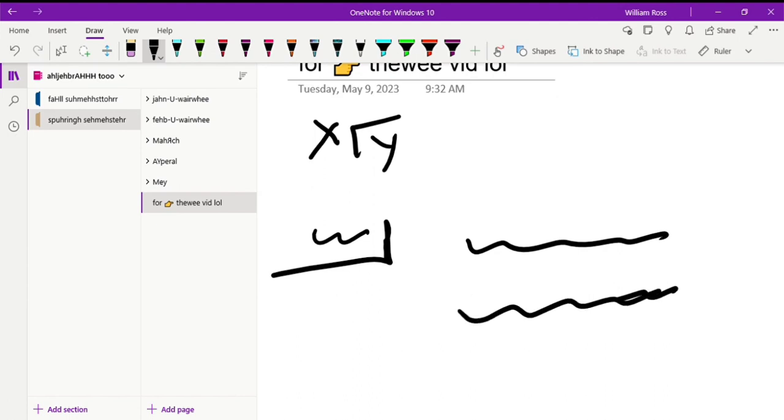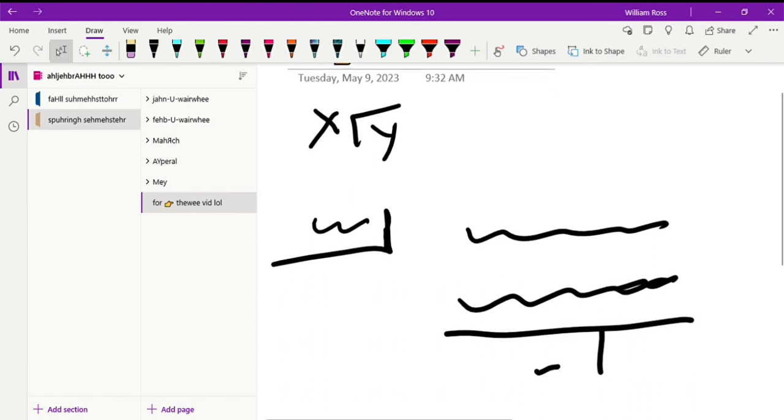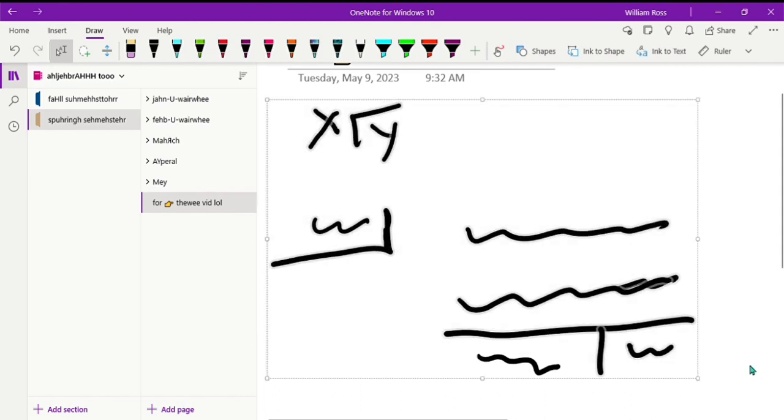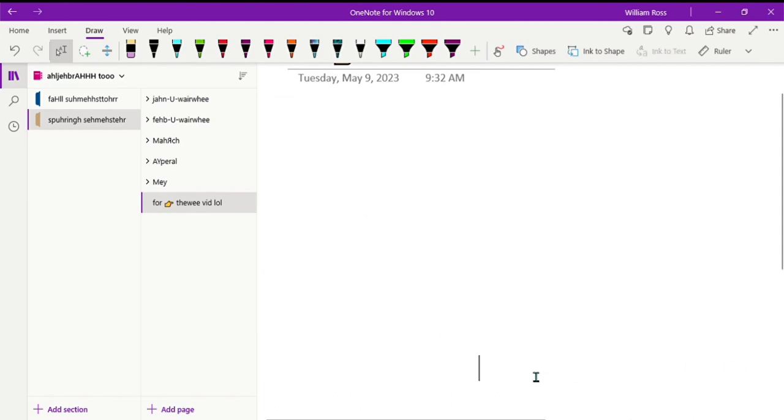If my stylus can work. Okay. Oh, come on. So yeah, like this. This right here is synthetic division. And of course I'll be explaining that. I'll explain that last.